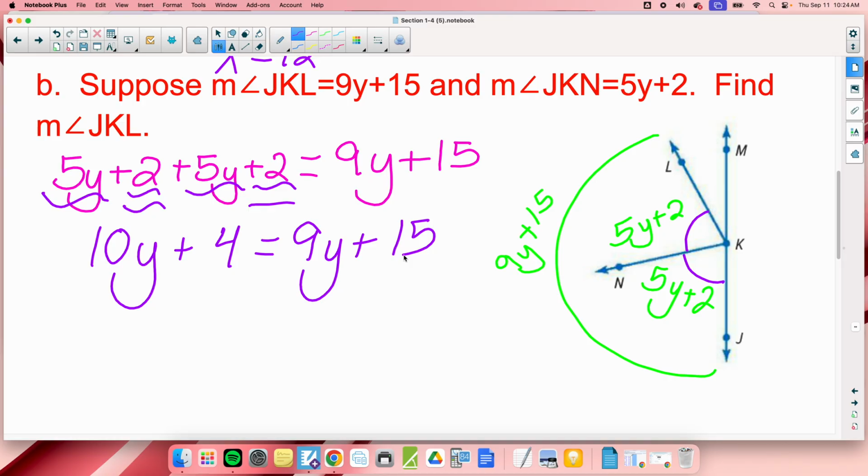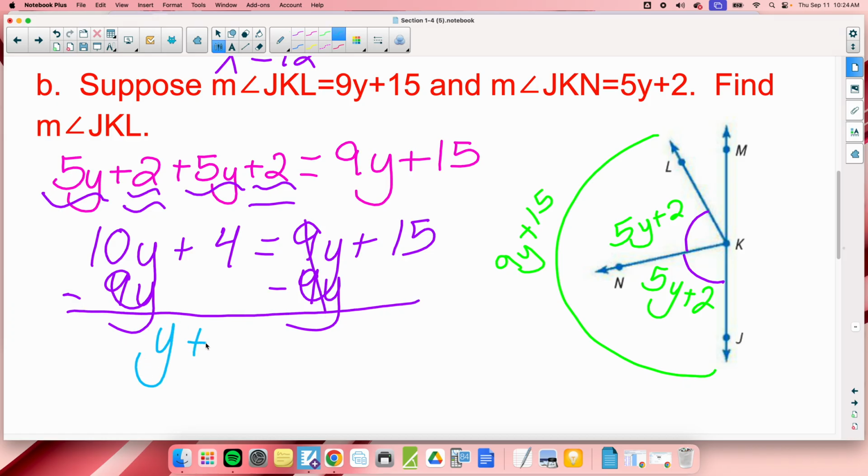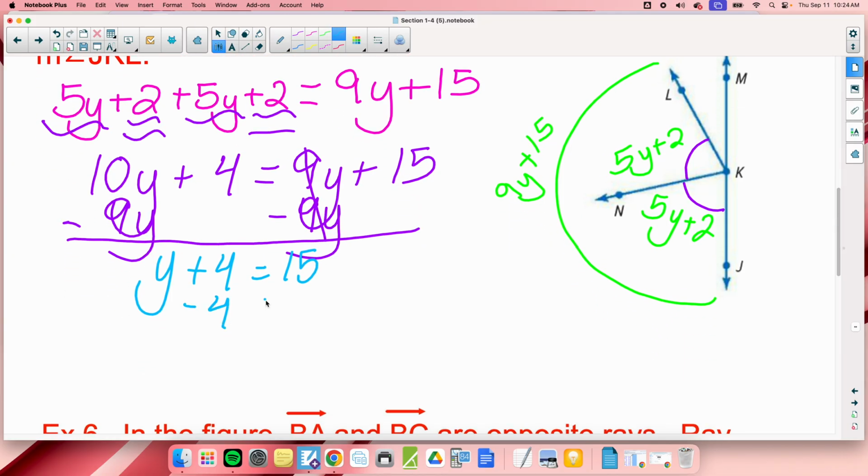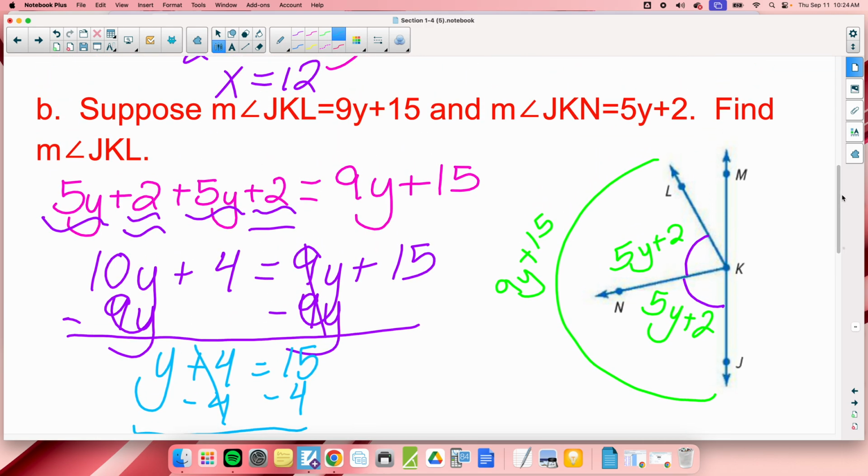Now what I'm going to do is bring that 9y over by subtracting 9y. And I get y plus 4 equals 15. And then I subtract 4. And y is 11.